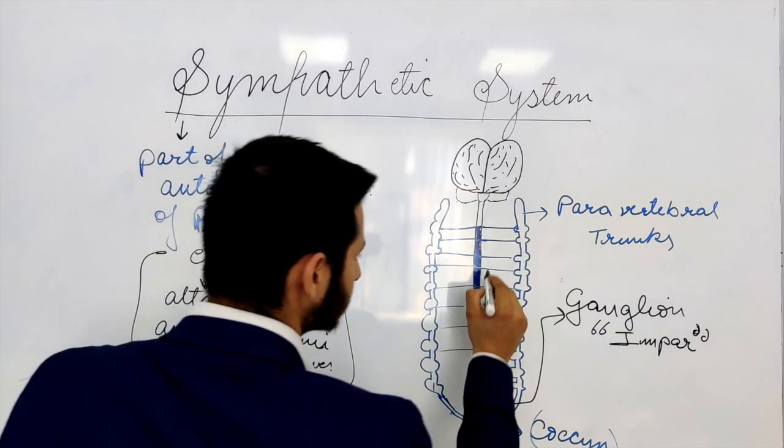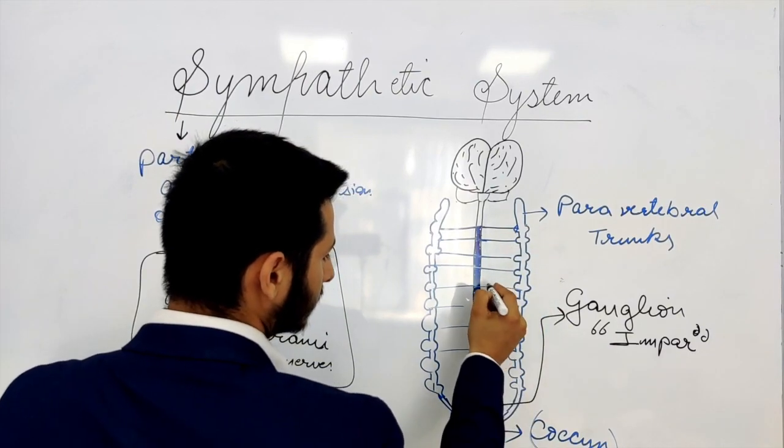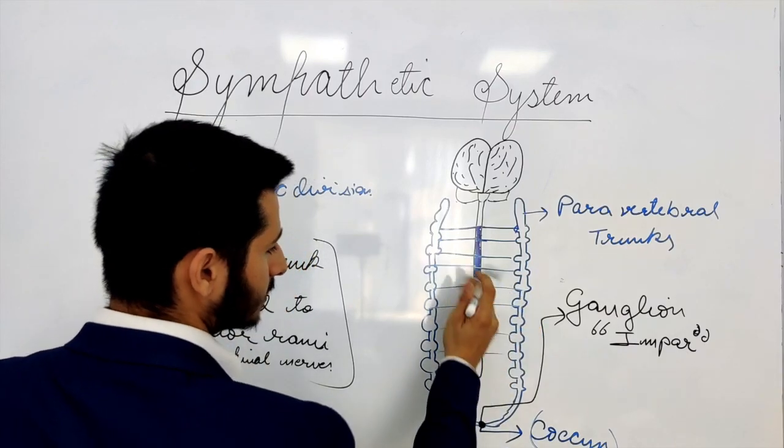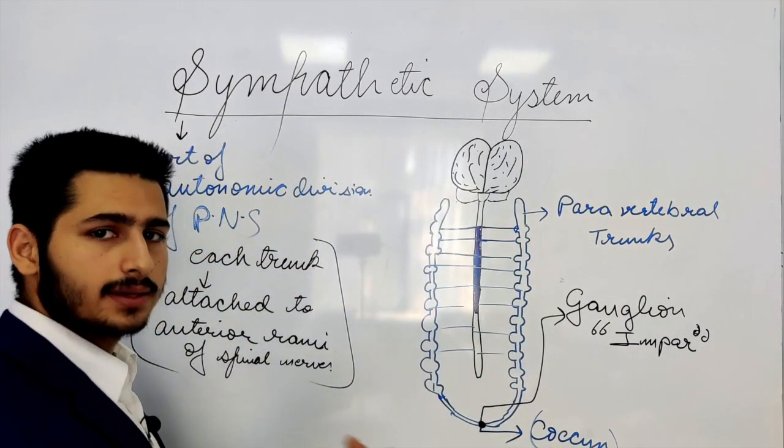So the connections you see here with the trunk are actually anterior rami. The connections that you see here with the trunks are made through anterior rami.